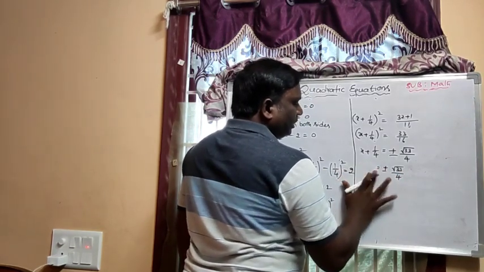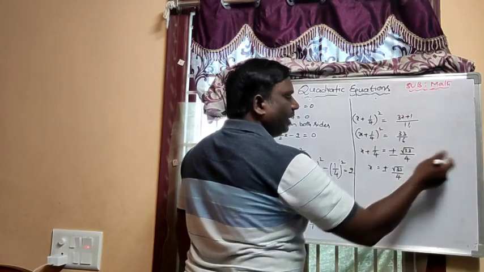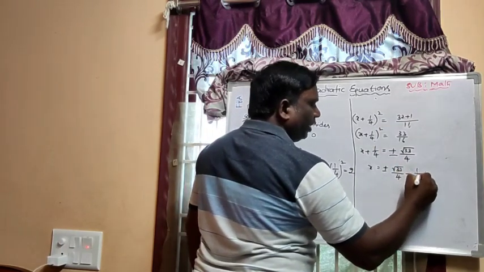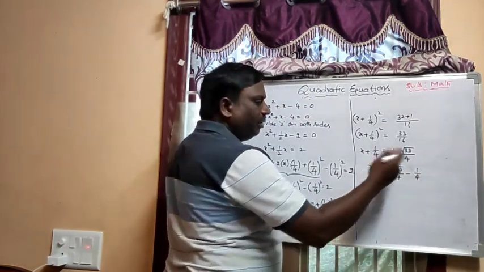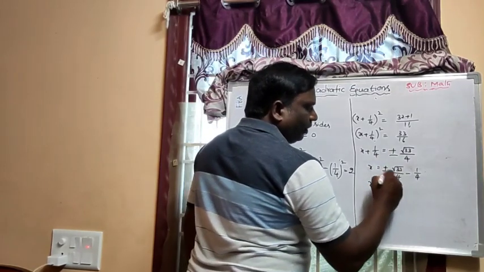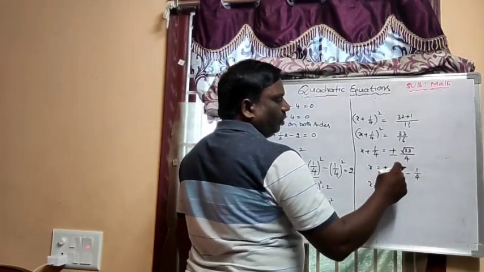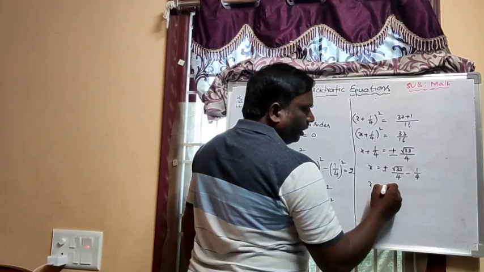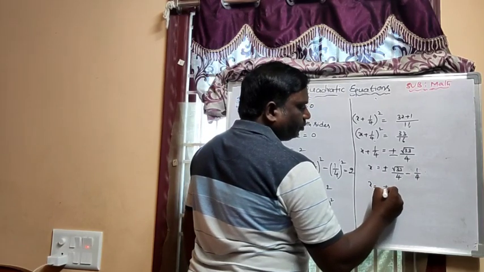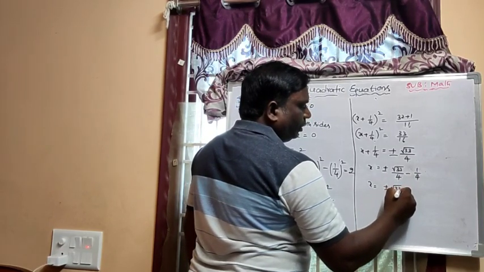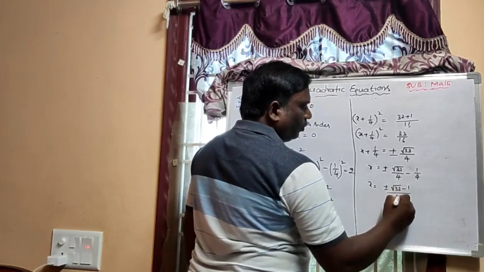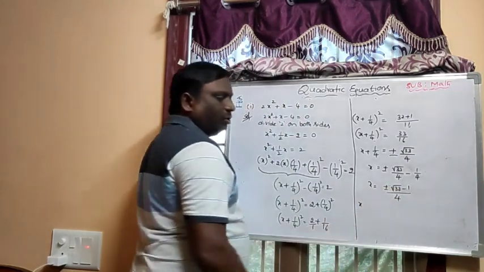Then you can take this 1 by 4 value to the other side. Then it will become minus 1 by 4. Both the denominators are the same, so we can directly write the numerators with the symbol. Plus or minus means root 33 minus 1 by 4. So two solutions I got here.